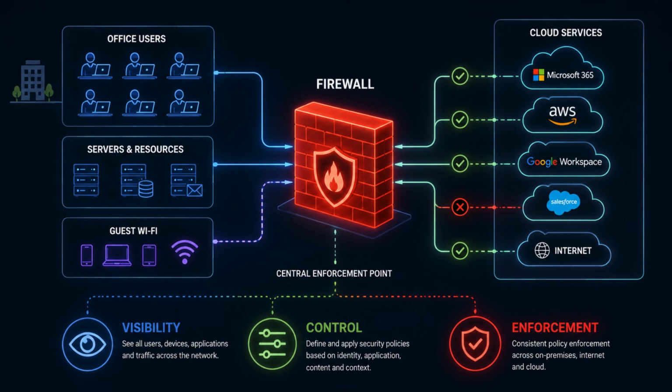It helps you see traffic. It lets you define what traffic should be allowed, and it blocks traffic that does not meet your policy or security requirements. In enterprise environments, firewalls are often placed at the network perimeter, between VLANs, in data centers, in cloud environments, and at branch locations.